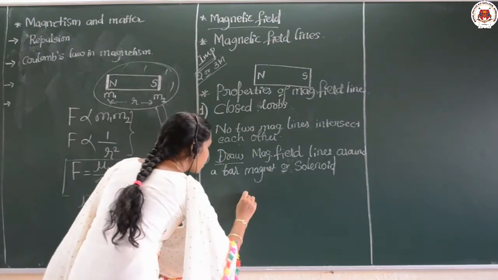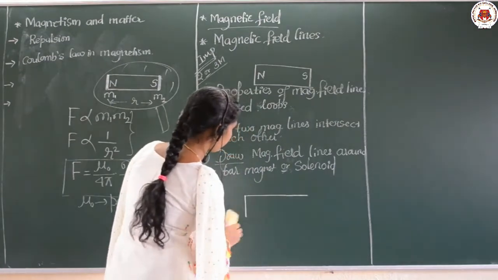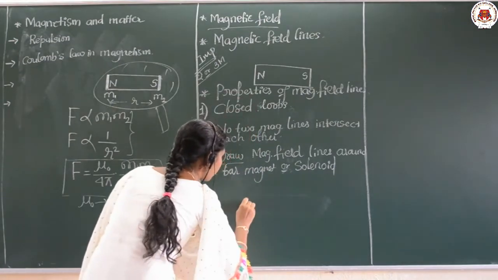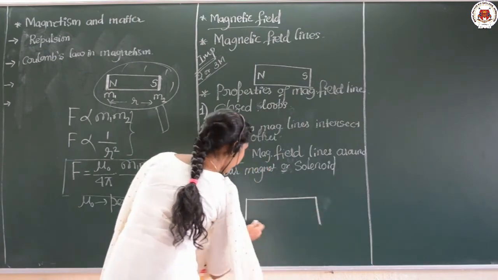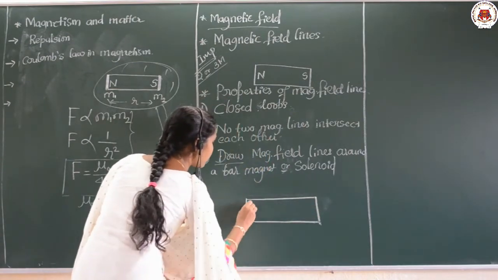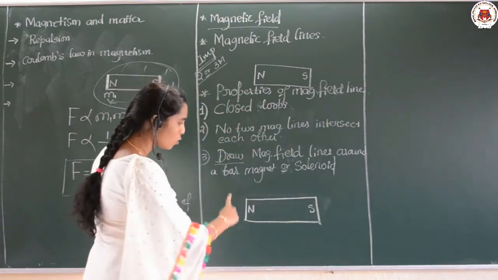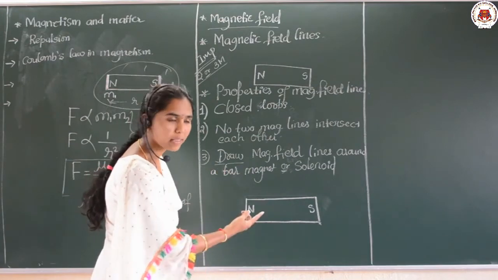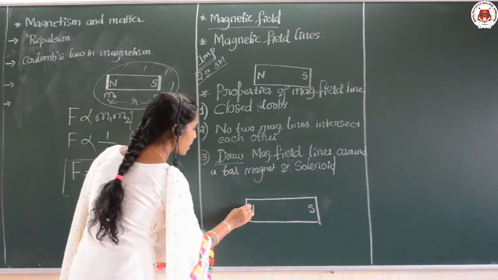Okay, but remember both behave the same; that derivation we will talk about later. Coming to the point, this is the bar magnet. Yes, and as you know, north and south. How to plot the magnetic field around this.